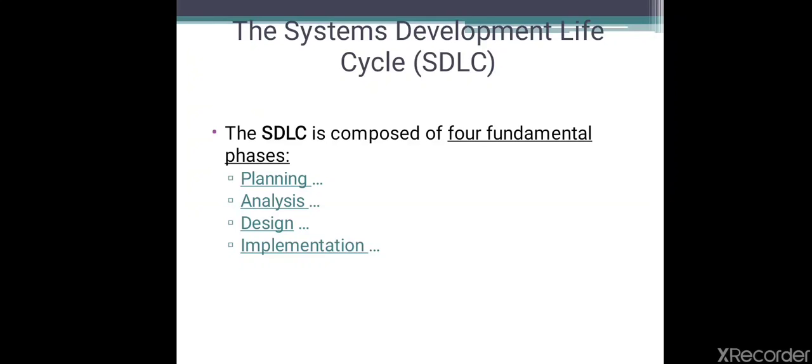SDLC is an acronym of Software Development Lifecycle. It is also called Software Development Process. SDLC is a framework defining tasks performed at each step in the software development process.